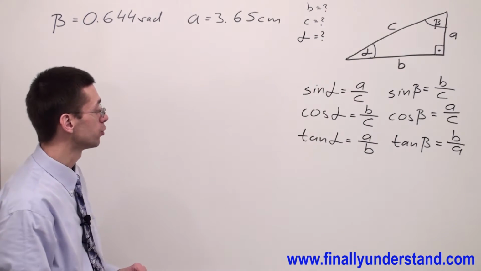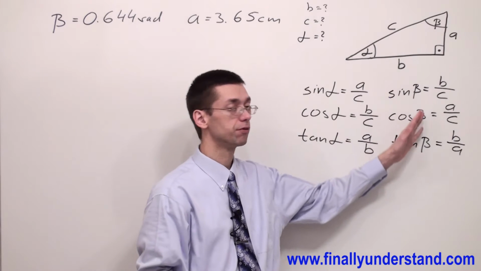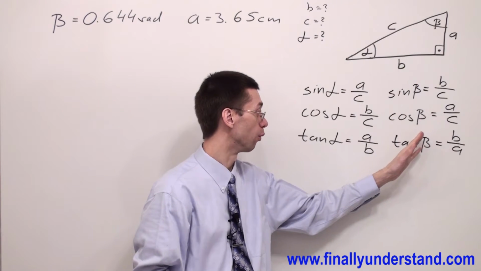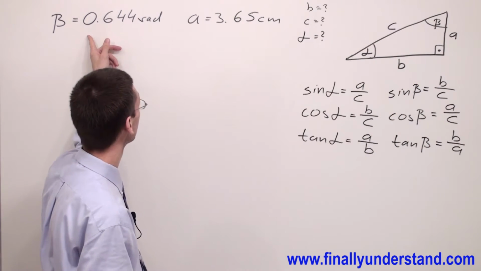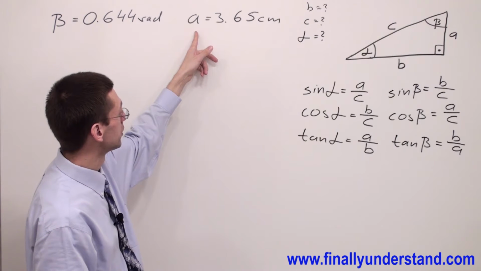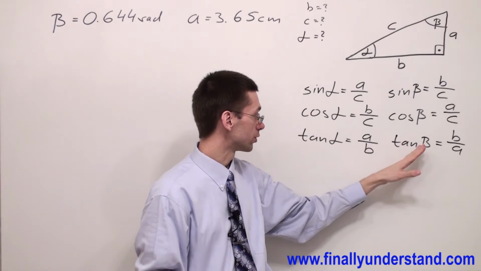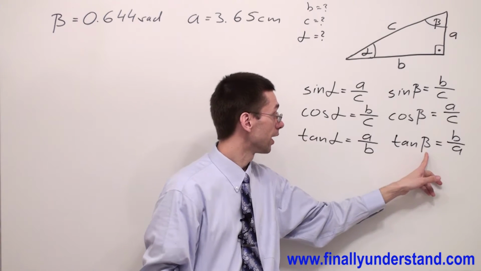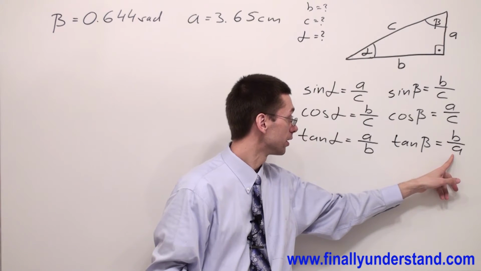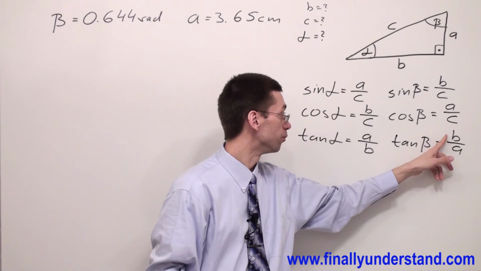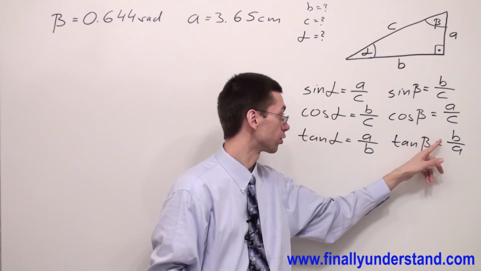Now, we're supposed to look at the formulas with angle beta. Why? Because beta is given, and side A is given. So, because angle beta is given and side A is given, I can find B using the formula for tangent.